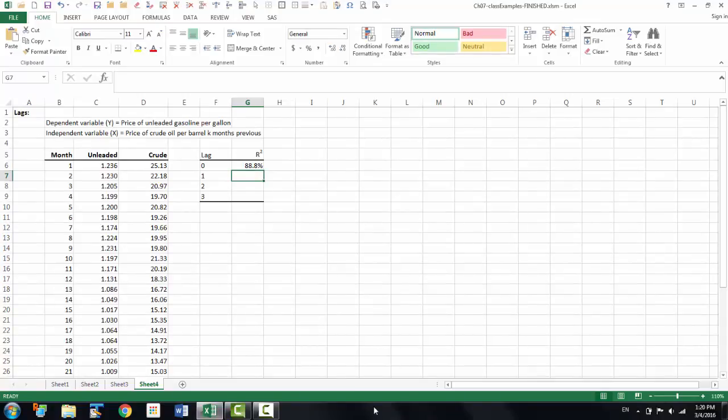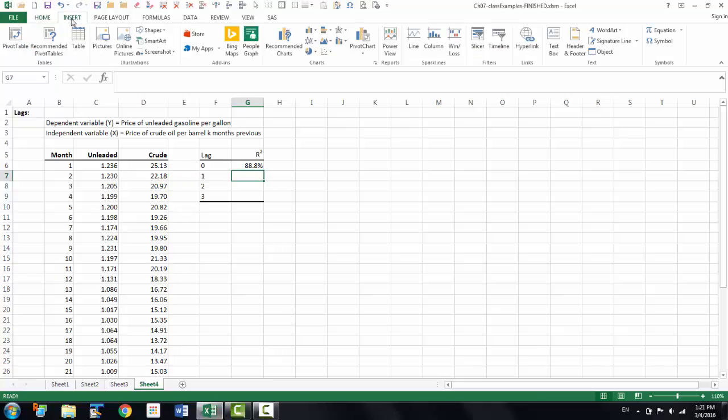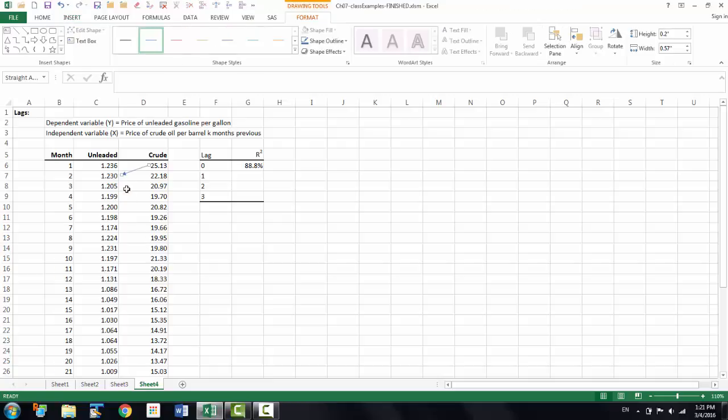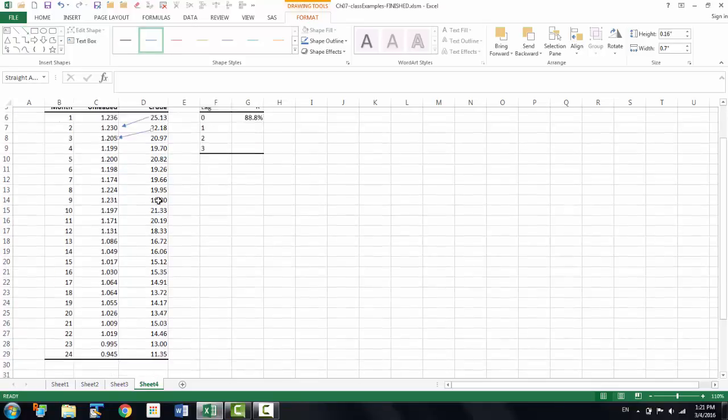Now suppose you think that there is a 1 month lag before the change in the price of crude oil will have an effect on the price of gasoline. Then what we're saying is that the price of crude is not relating to the Y value in the same month, but there will be a lag like this. So you have to match, not this way, but this way, that crude price with this gasoline price, this crude price with this gasoline price, and so on.